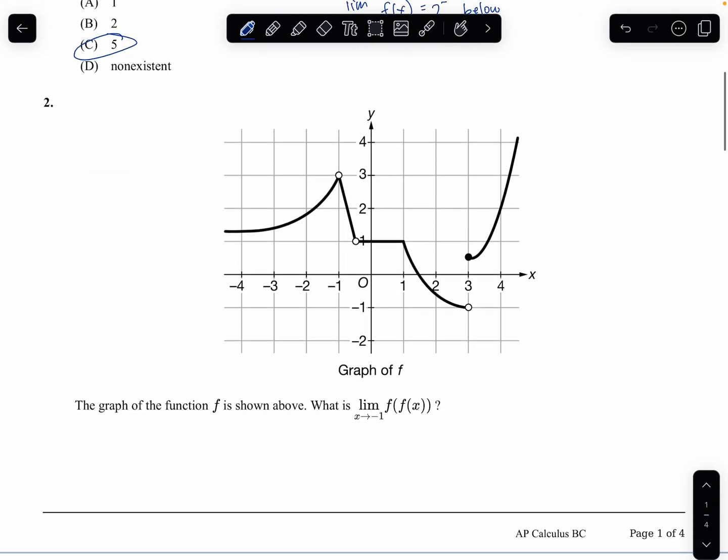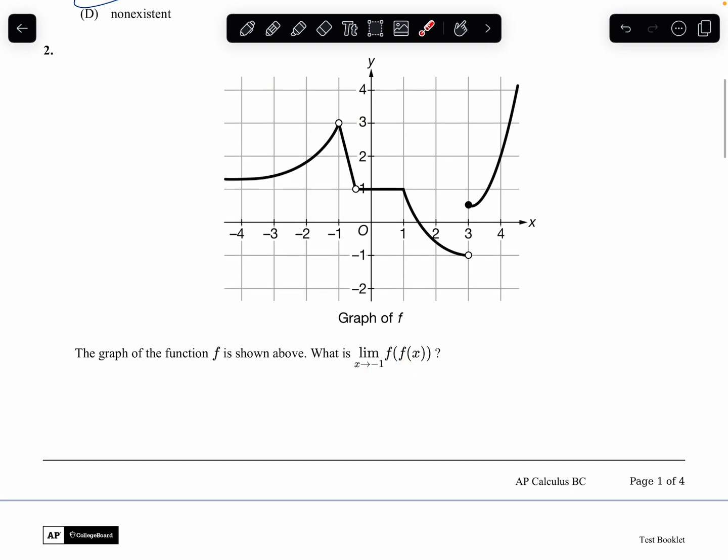And there you go. We have our limit evaluated. Okay, number 2, likewise. So we're going to evaluate the same thing. So we have the function f. We're going to evaluate the limit as x approaches -1. Start by evaluating the limit of the inside function. So the limit as x approaches -1 from the left, it is approaching 3. Just approaching -1, it's going to be 3 from below.